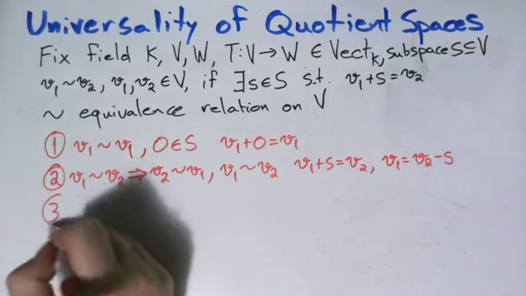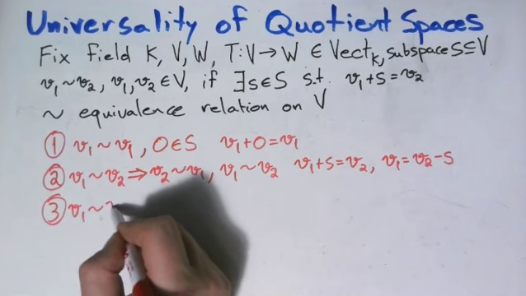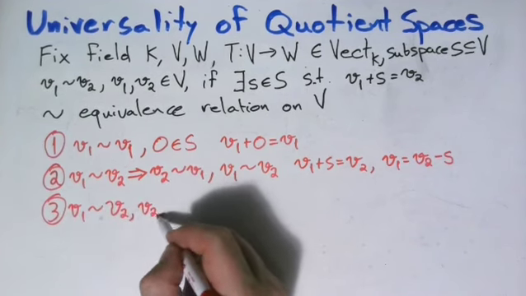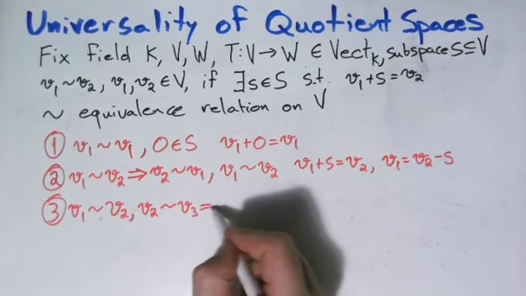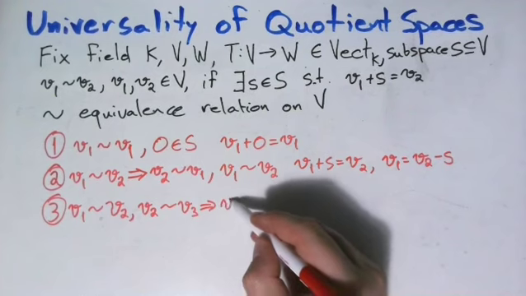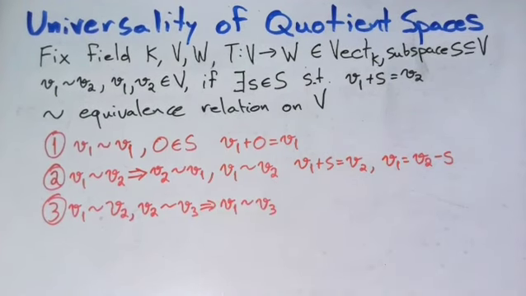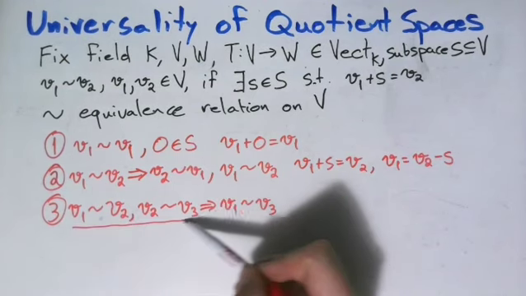So the last thing we need to check is if v1 is related to v2 by tilde, and v2 is related to v3 by tilde, then we have to have v1 related to v3 by tilde, and that's called transitivity. So suppose these two are the case.